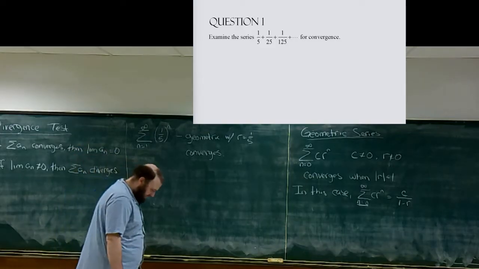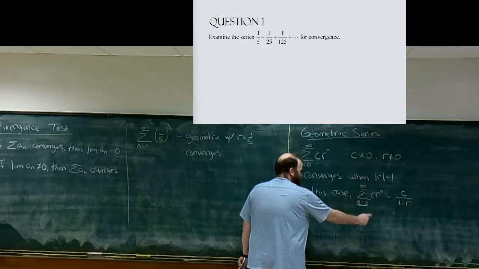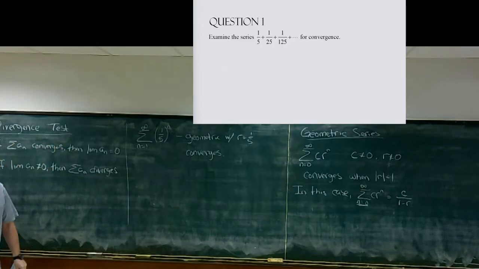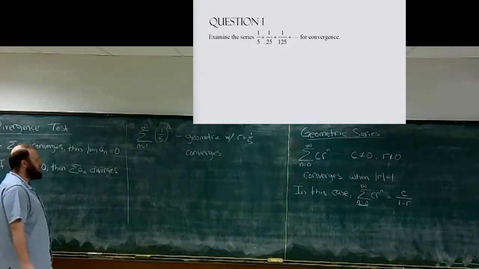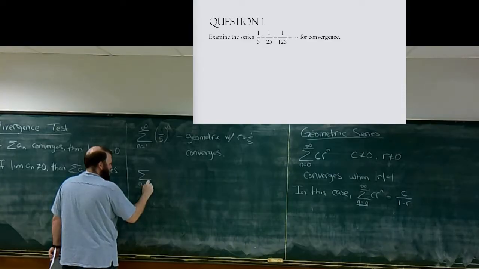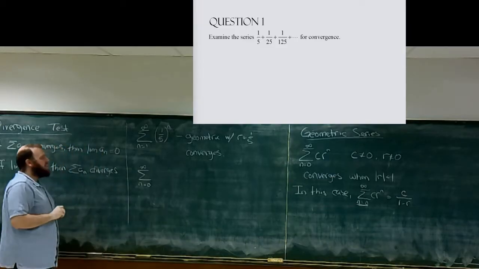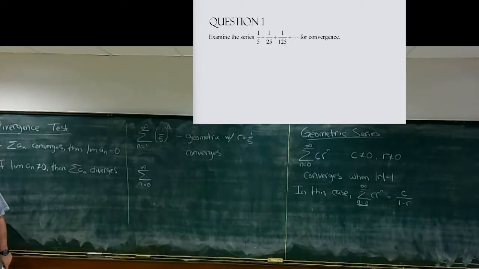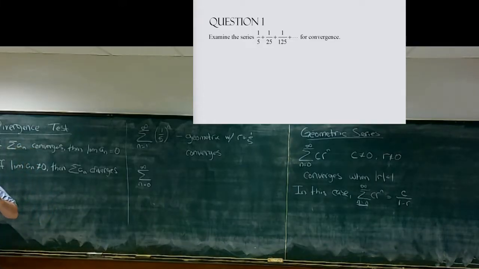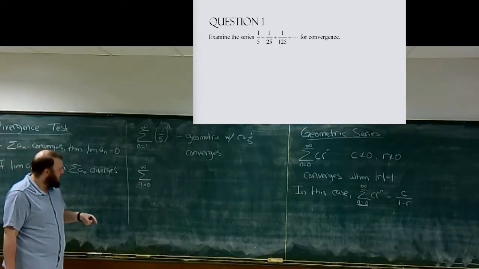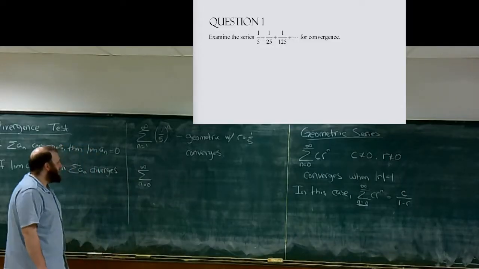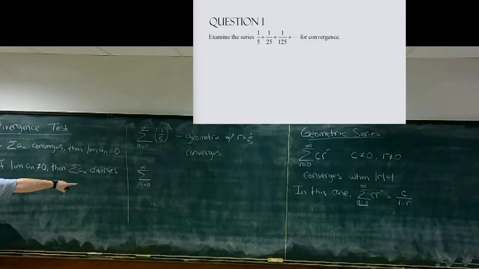So to start with, n equals 0, n equals 1. That's no good. I can shift this down.